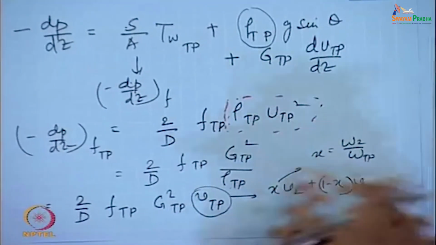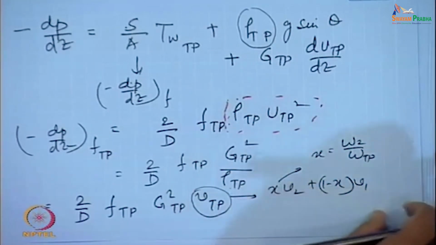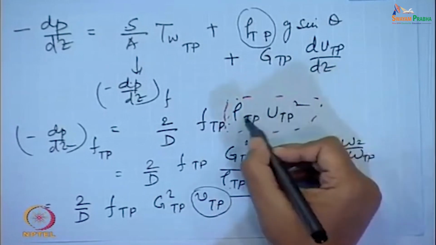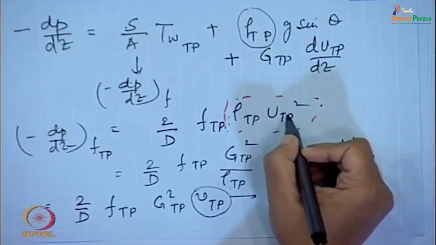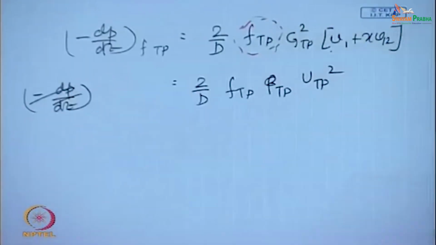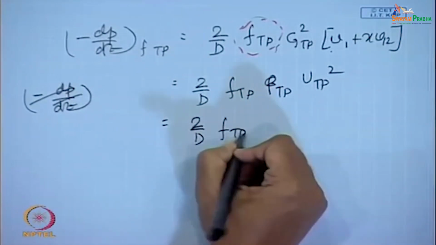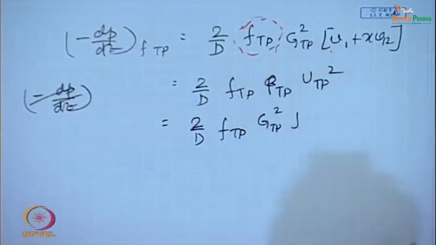Then I had substituted it in terms of g square by rho. Instead of that, we can also write this term as rho T p into u T p equal to g, g T p or g. So, we can write it down as g square into j, right, u T p equals j, I have already said.